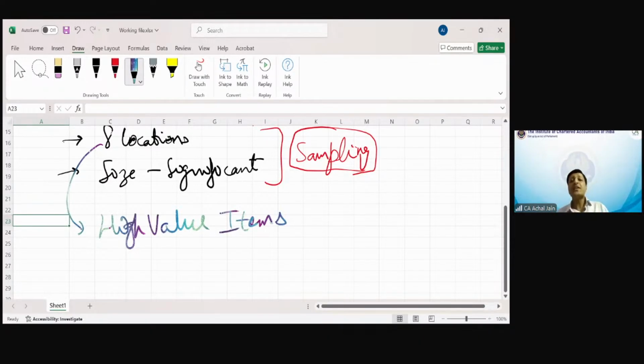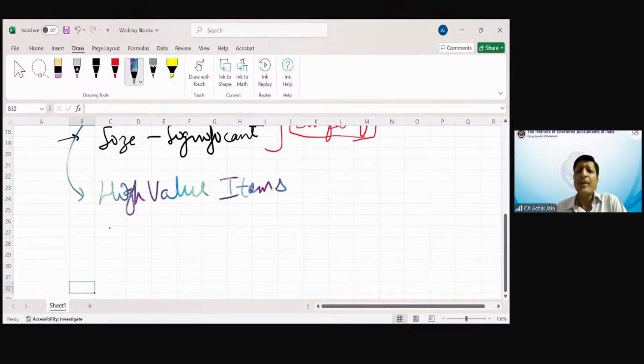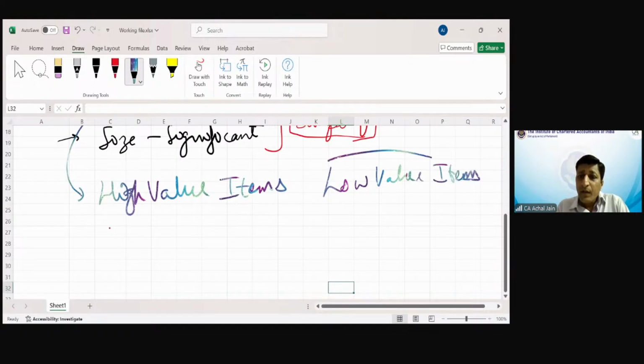Which doesn't mean that the low value items will be ignored. No, we are not saying that the low value items will be ignored. Low value items will also be selected.